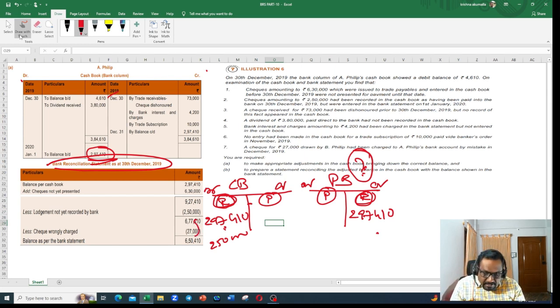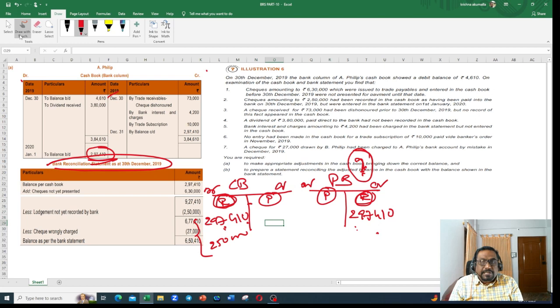Now, what is the balance? Cash book balance is increased. Are we looking into the cash book? No. Question mark is on what? Passbook balance. What happened to the question mark balance? Question mark balance is reduced. Why? Since the cash book balance is increased, the passbook balance would have been reduced. If the passbook balance would have been increased, the cash book balance would have been reduced.